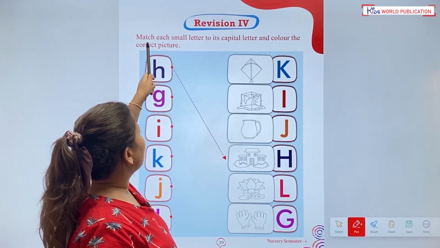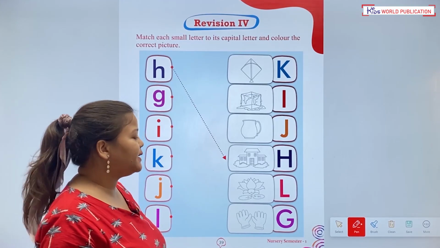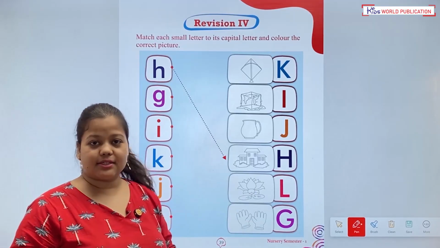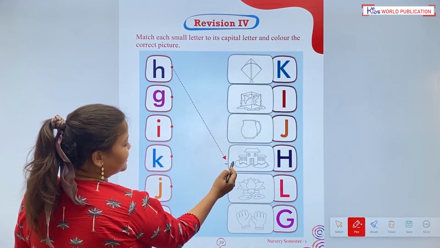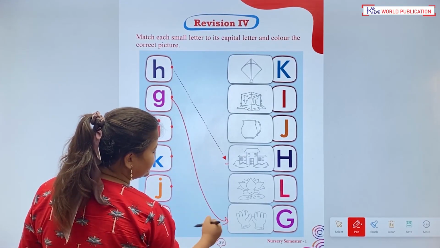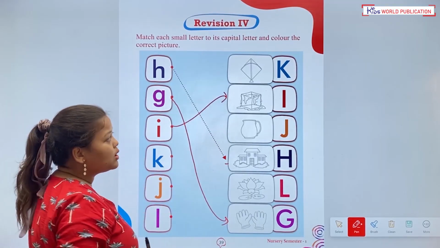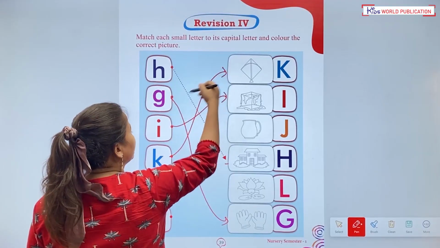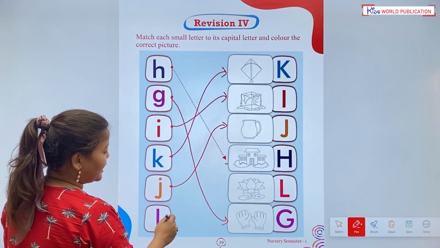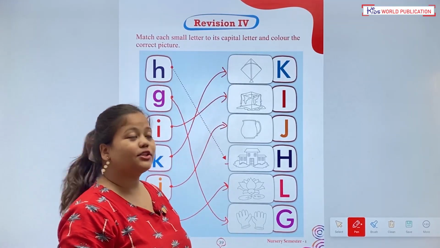Revision 4. Match each small letter to its capital letter and color the correct picture. So, let's match the small letter to its capital letter. Small h, capital H, small g, capital G, small I, capital I, small k, capital K, small j, capital J, small l, capital L. Kids, you will also color the given pictures.